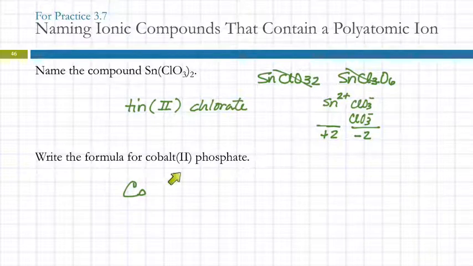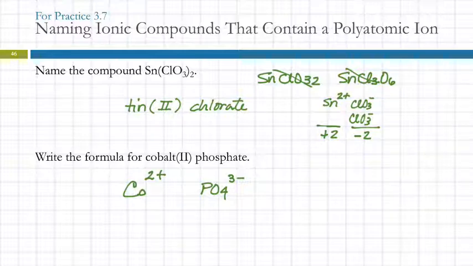And this 2, what does that tell me? It tells me the charge. It doesn't mean that there's 2 cobalt ions. It means the charge is 2. And then what's the formula for phosphate? PO4, 3-. So we've got the ions with their charges.